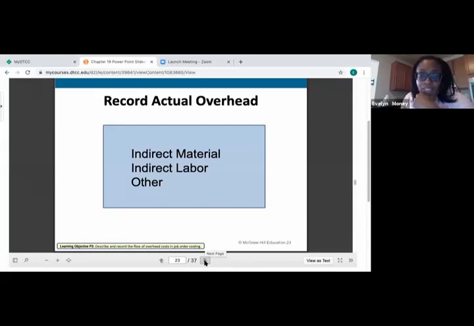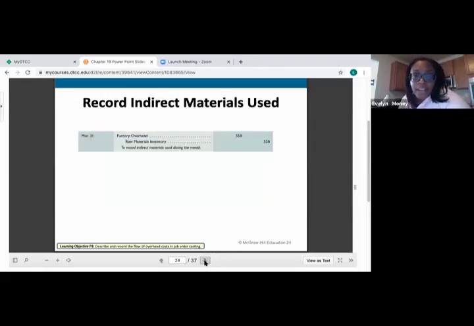All right, so in terms of the actual overhead costs, as they come in, we have to record those as well. And when we record actual overhead costs, this is where we debit factory overhead, and the credit is based on what we are recording. So if we're talking about indirect materials, then yes, we debit factory overhead, but we credit raw materials inventory.